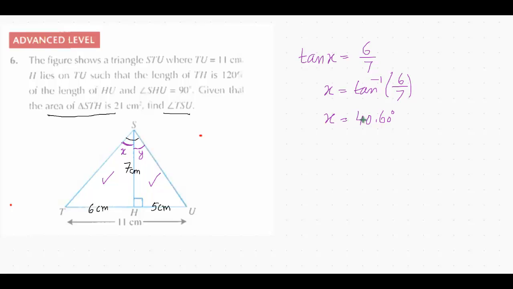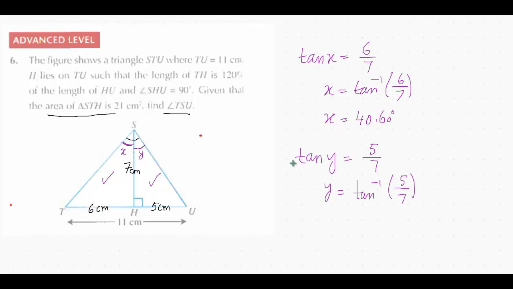I will use the trigonometric ratio tangent again. So it will be 5 over 7. And Y is tangent inverse 5 over 7.